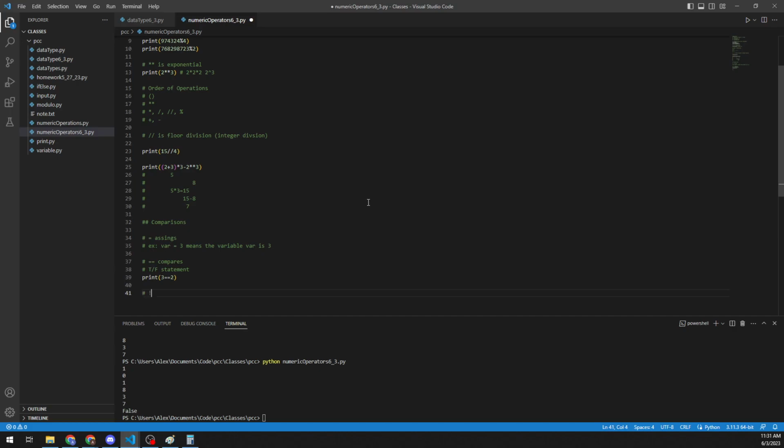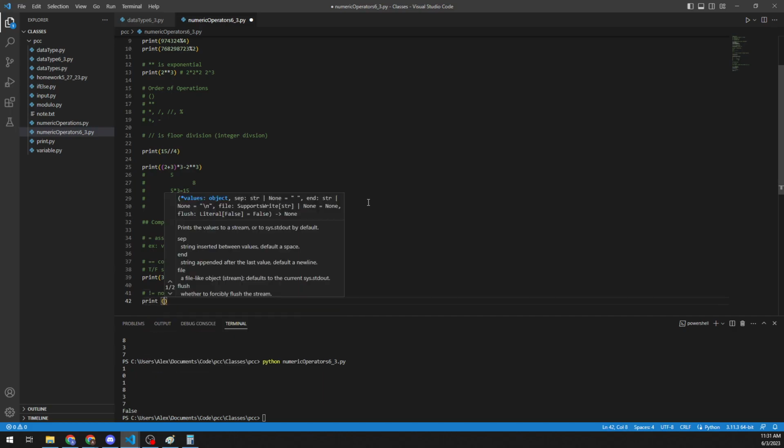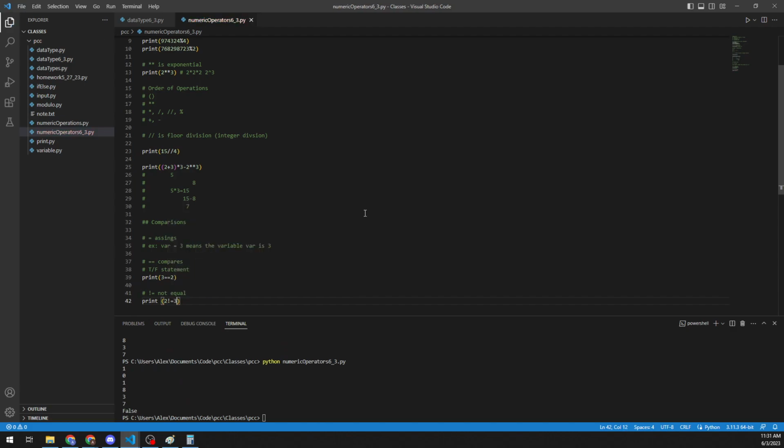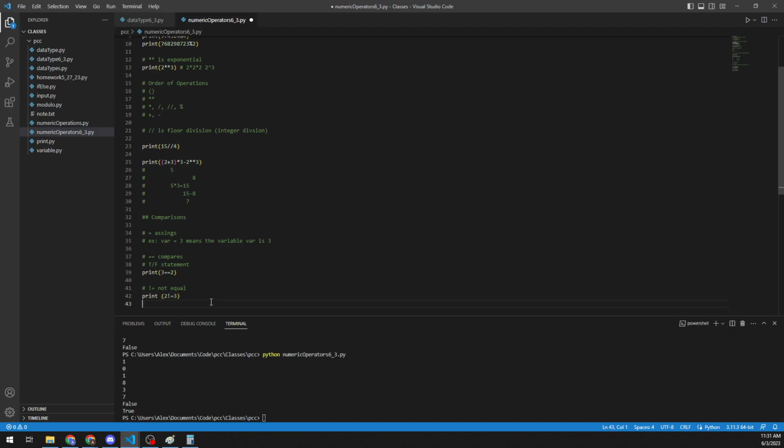Exclamation point equals, not equal. So this statement, 2 is not equal to 3. Is that true? Yes. So if we run that, that should say true. We already know this one.